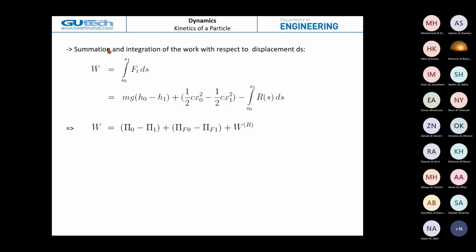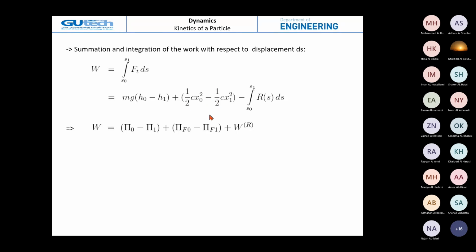Now, the integration of the work with respect to displacement ds. We have the work for the tangential force. Then we have mg (h0 minus h1). This is the potential energy. The half of Cx0 square minus half of Cx1 square.